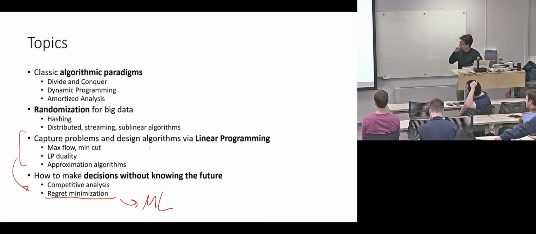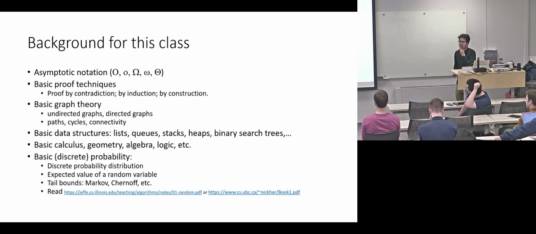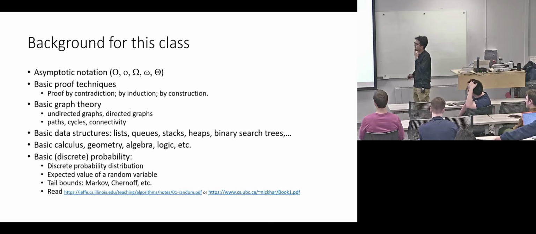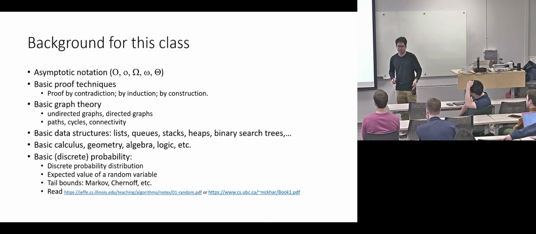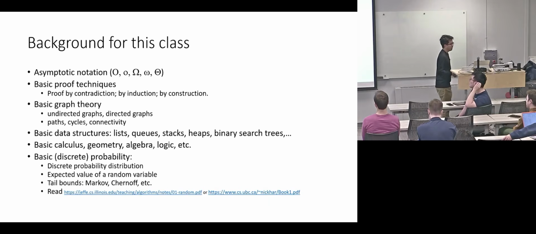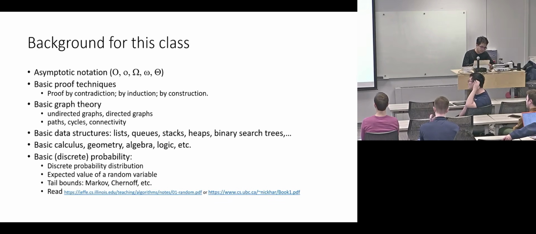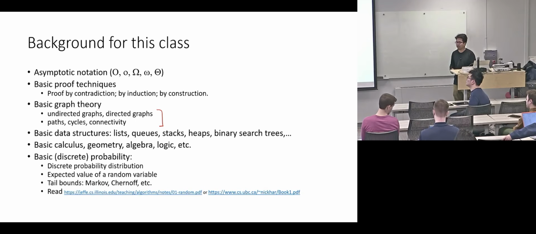I will assume some basic background in this course, like asymptotic notation. We will review this in a discussion session tomorrow by Ben Yu. And some basic proof techniques like proof by contradiction and proof by induction, and some basic terminology in graph theory: what is a graph, directed, undirected, path, cycle, connectivity.